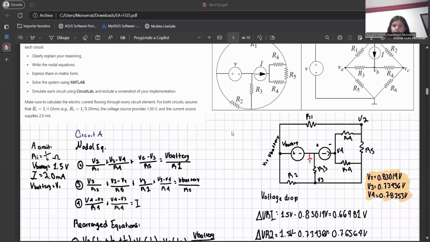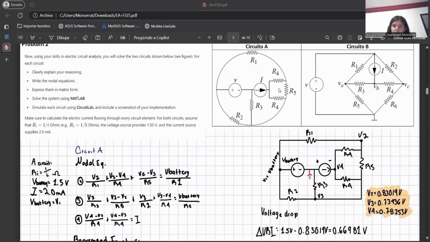First of all, we have this circuit in a circle, and here's my rearranged circuit. We have the parallel resistances, the battery, which is the node after the positive terminal of the battery, the resistances, and then we have three nodes, which are V2, V3, and V4.